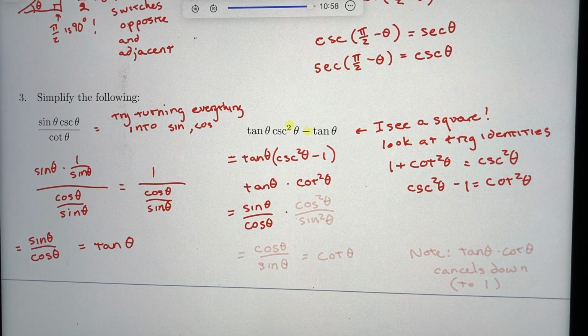Cotangent is upside down and squared, so notice one of the cosines and one of the sines cancels, and you're left with a single copy of cotangent. Without the squaring, you just cancel down to 1.